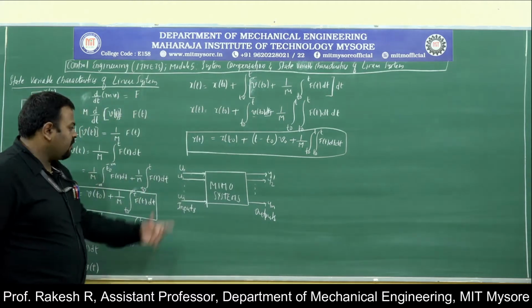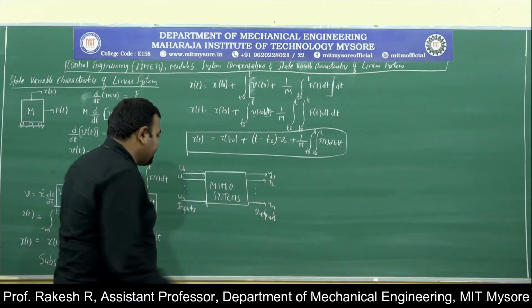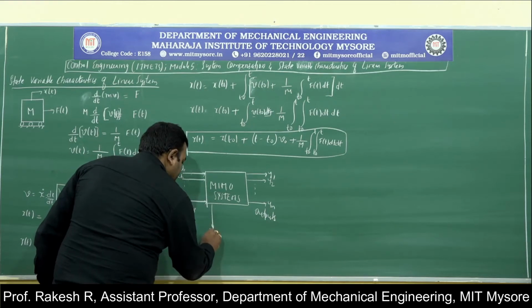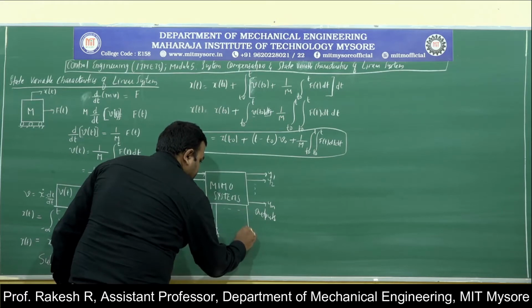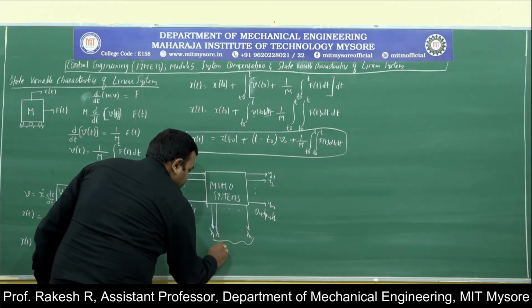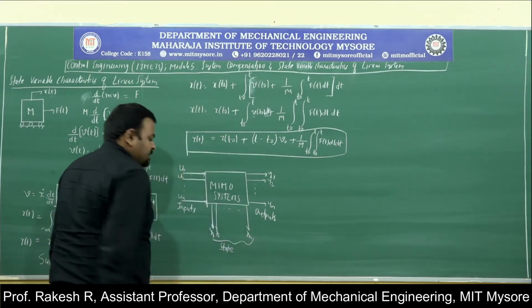During the conversion of inputs to outputs, we can determine x1 dot, x2 dot, etc. up to xn. These are nothing but states.